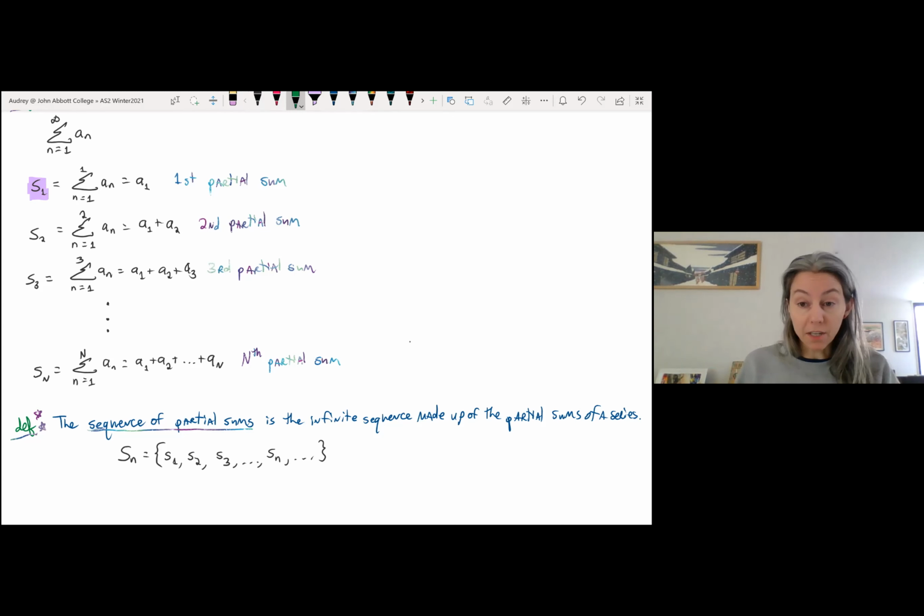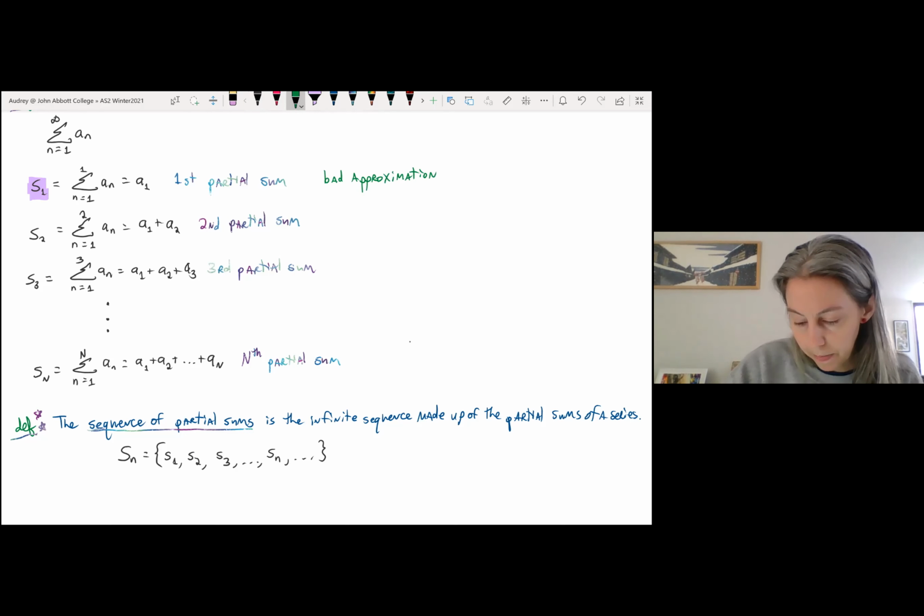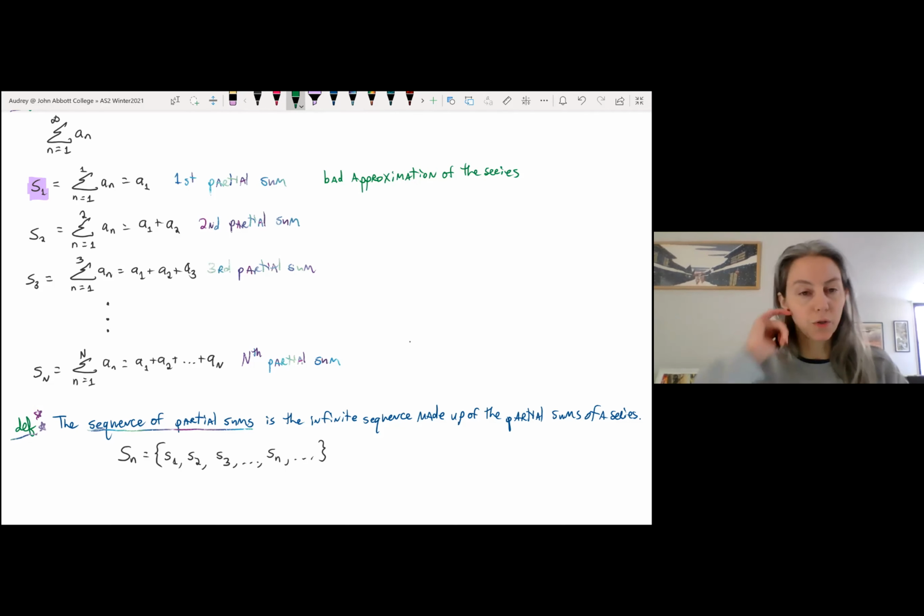It's a bad approximation because it's only one term instead of all infinity of the terms, but it's still an approximation of the series.